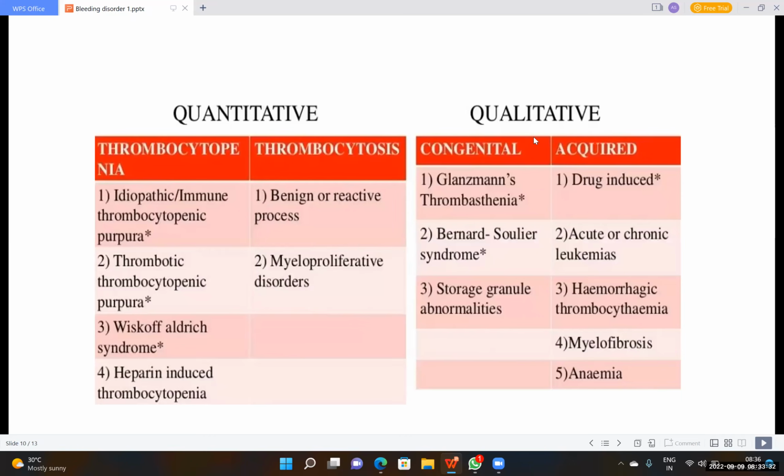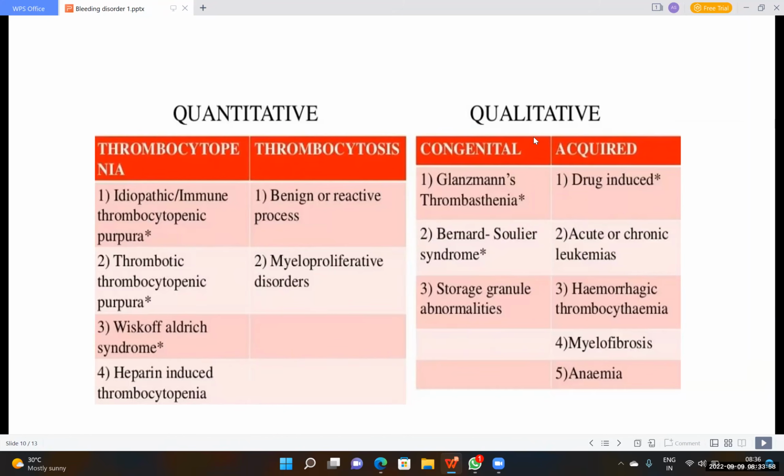Now, the quantitative platelet disorders with decreased platelet count include idiopathic thrombocytopenic purpura, also called immune thrombocytopenic purpura, thrombotic thrombocytopenic purpura, Wiskott-Aldrich syndrome, heparin-induced thrombocytopenia.